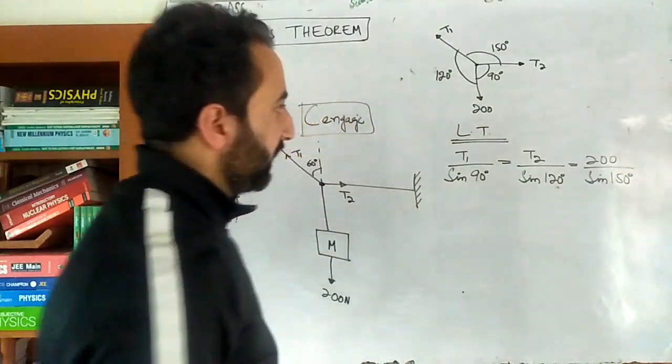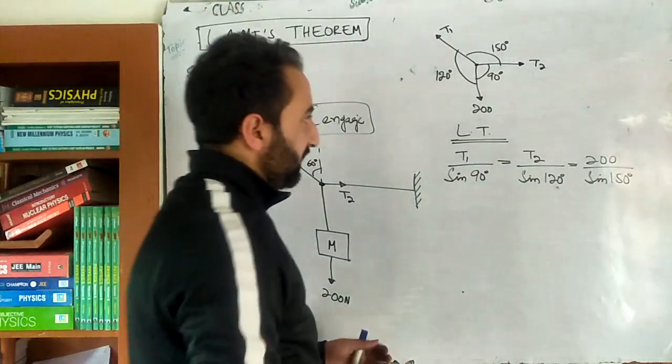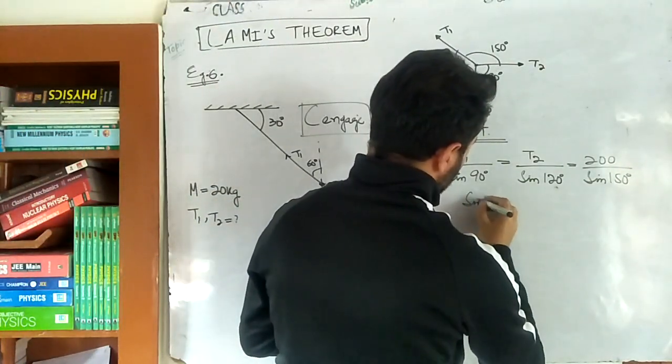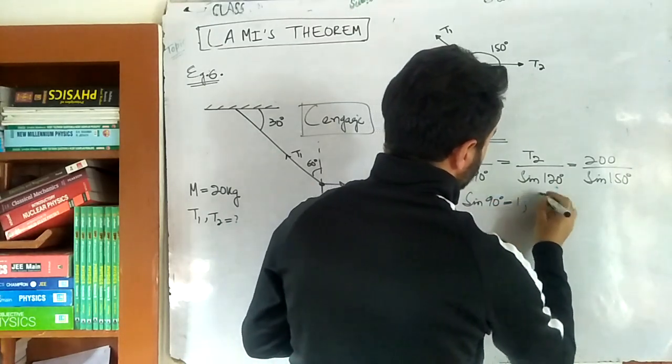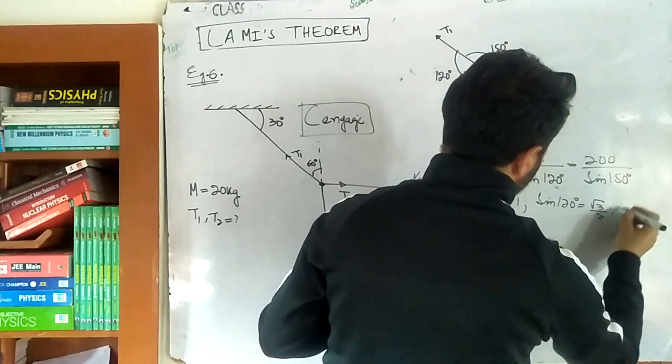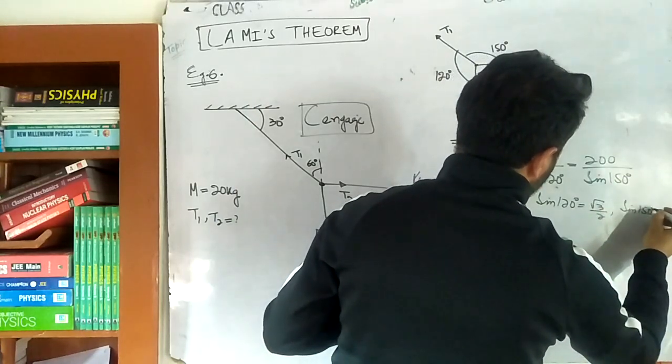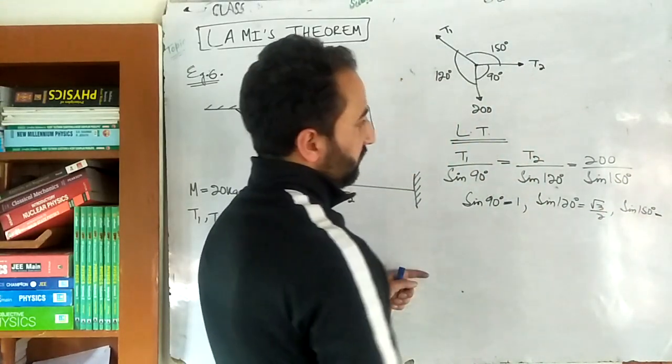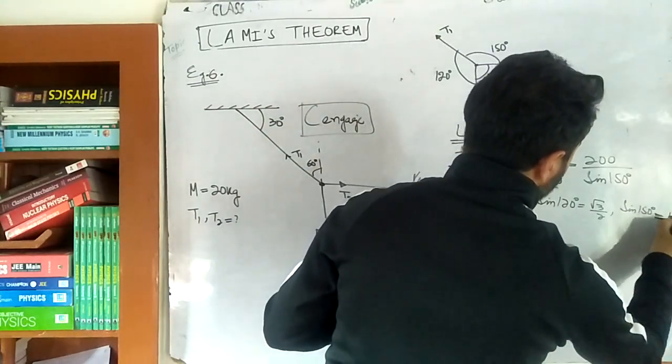Now we know the values. How much is sine 90? That's equal to 1. Sine 120 is root 3 divided by 2. Sine 150 is equal to 1 by 2.